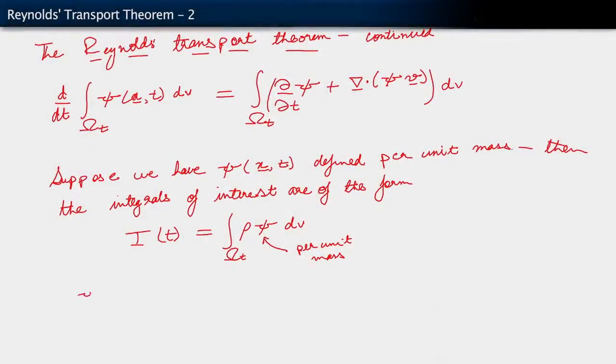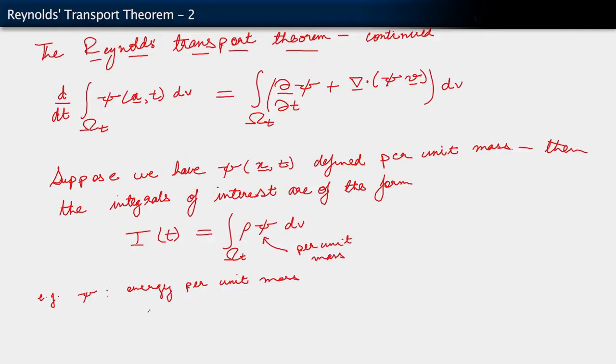We will see that it is quite common to have these kinds of objects showing up. It will be natural at various times in our development that psi could be an energy per unit mass. How could psi be an energy per unit mass? Well, we have the velocity.